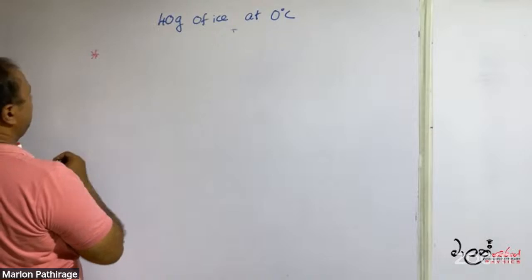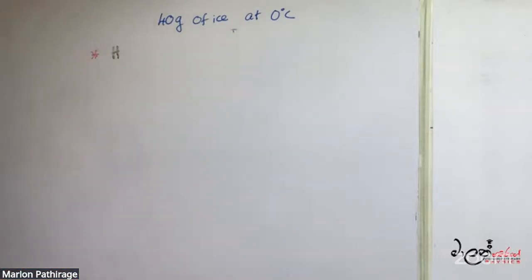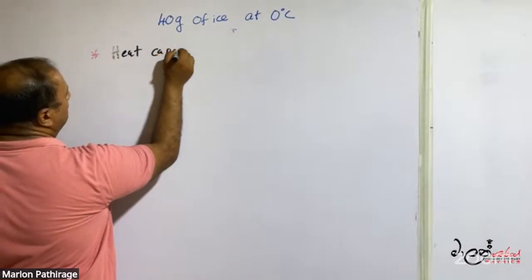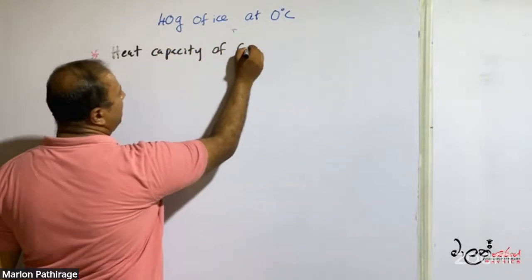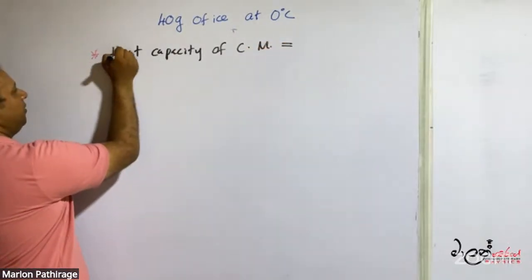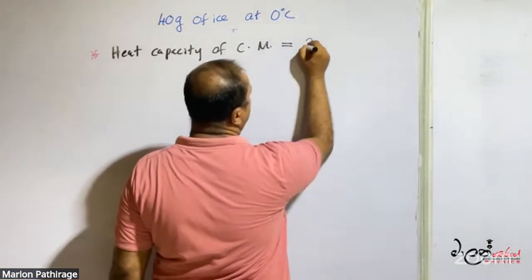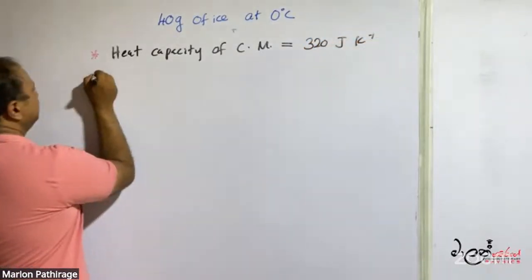Those are the given data. The heat capacity of the calorimeter is equal to 320 joule per Kelvin.